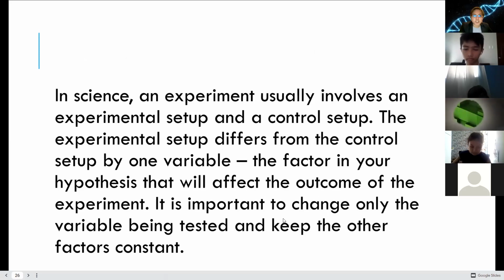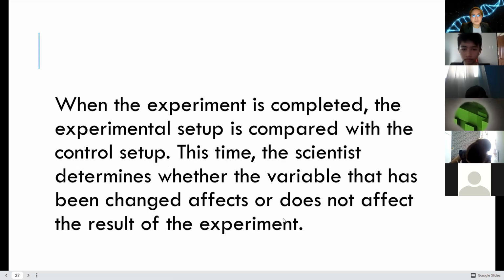It is important to change only one variable being tested to keep other factors constant. When the experiment is completed, the experimental setup is compared with the control setup. This time, the scientist determines whether the variable that has been changed affects or does not affect the result of the experiment.